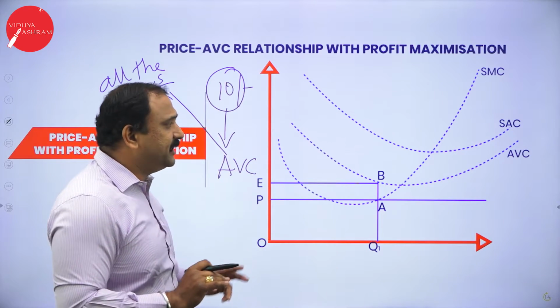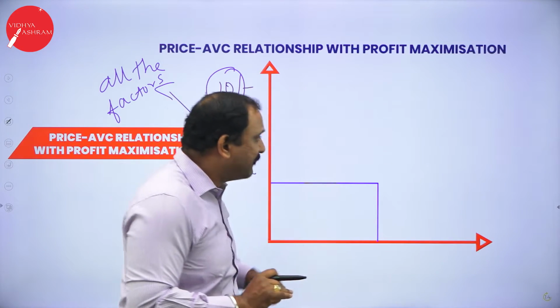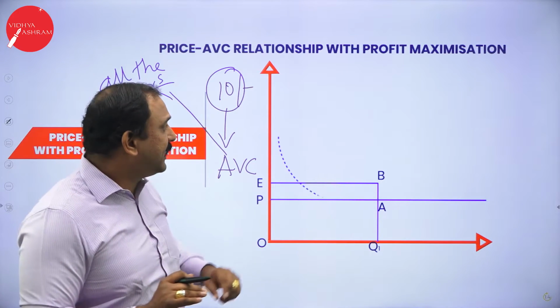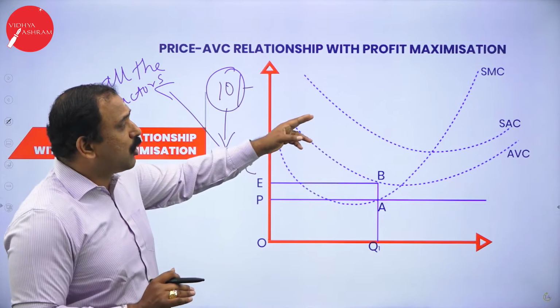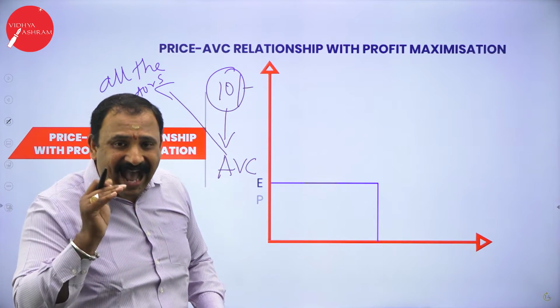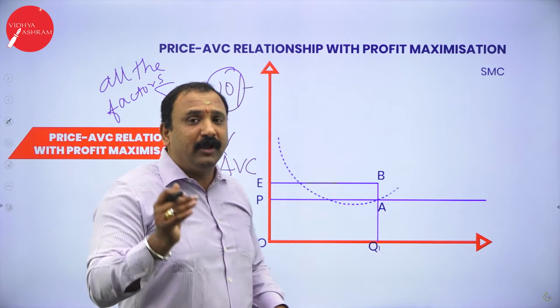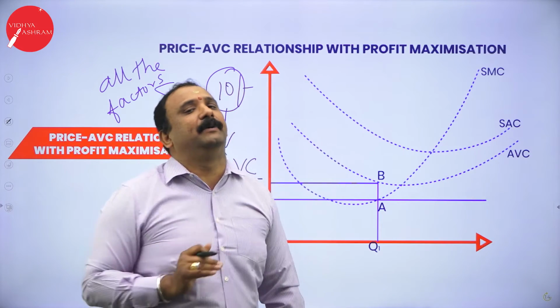So in that condition, what is very important for me, if you look at this graph, in this graph we have taken two important factors altogether. We are going to talk about the short run marginal cost, the short run average cost, and we are also going to talk about the average variable cost.